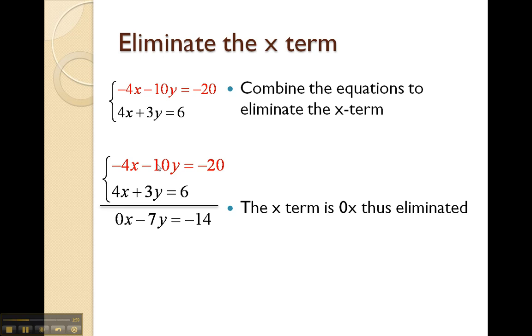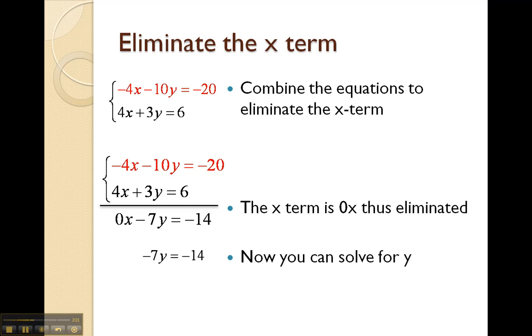Take -10y and add that to 3y, and you get -7y. And you also take the constant terms, -20 and 6, combine those, and you will get -14. So our new equation with x eliminated is now -7y equals -14.